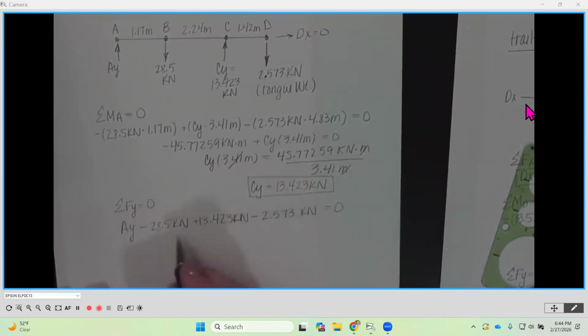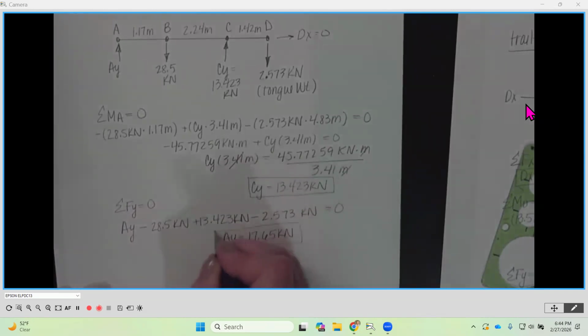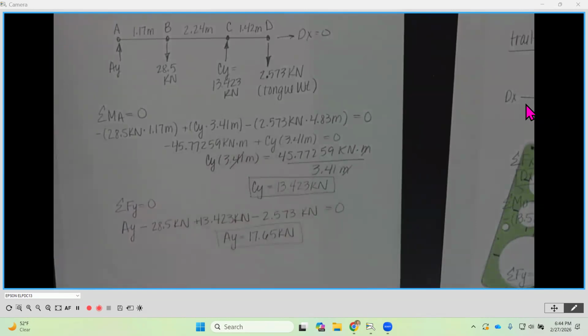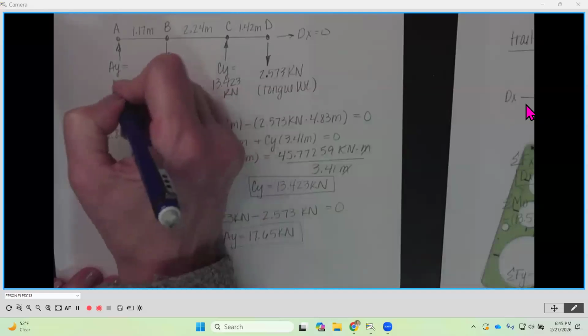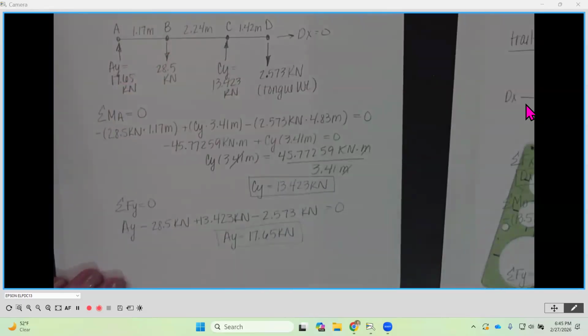So we can add these together, put them on the other side. You should get AY equal to 17.65 kilonewtons. There we go.